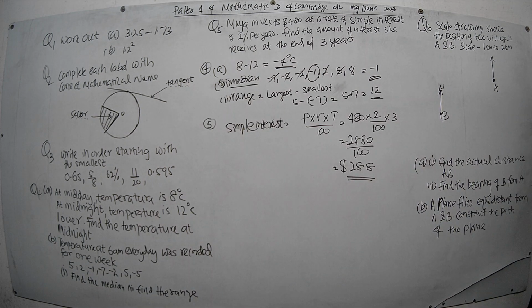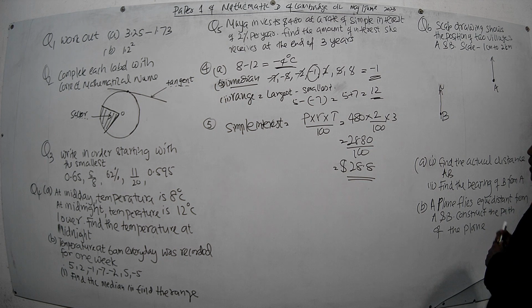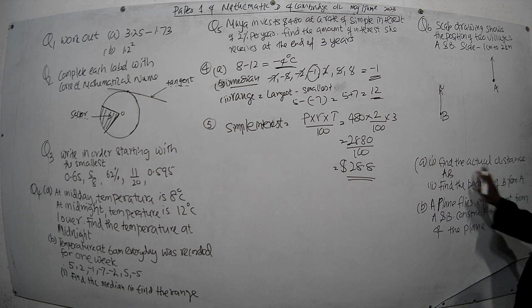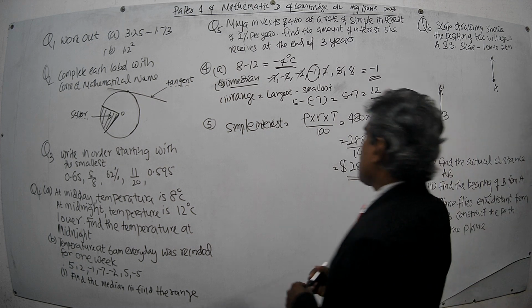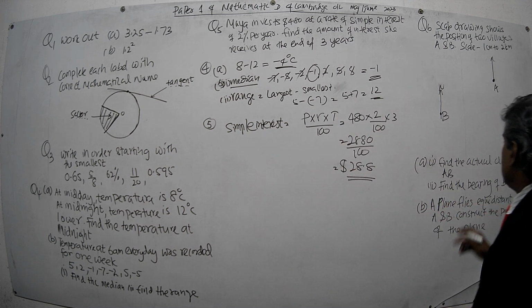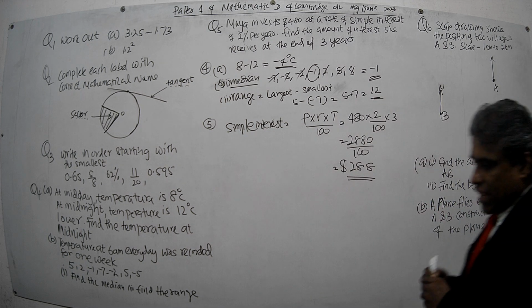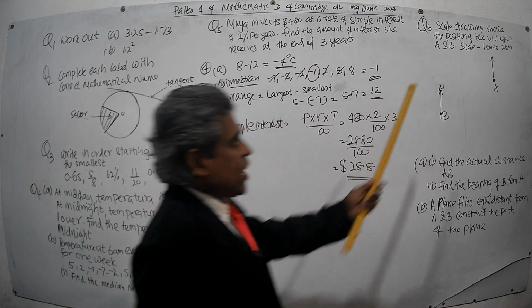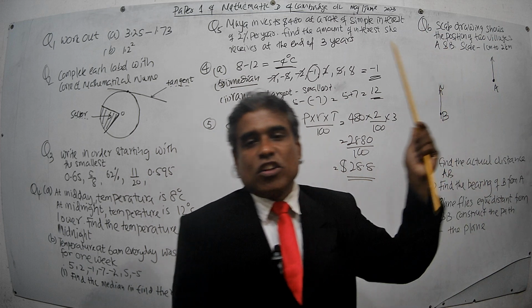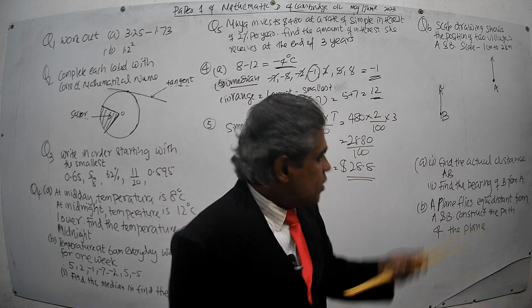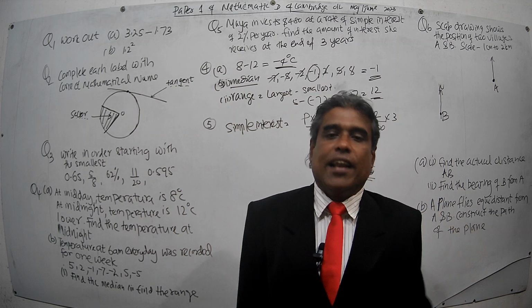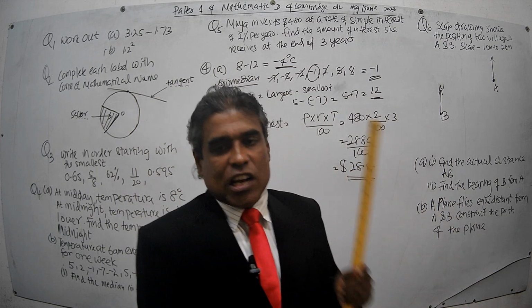Right. Now, first one, find the actual distance AB. They ask you to find the actual distance AB. Although they say it is a scale drawing on the map, this is my whiteboard, and on the whiteboard I haven't drawn it to scale. Therefore, I will tell you how to do it.